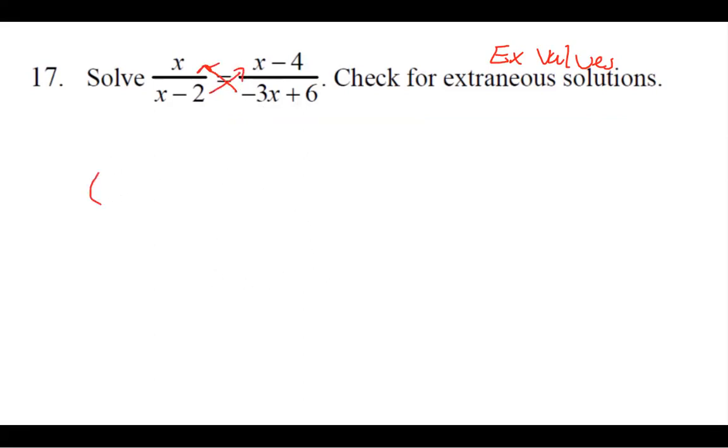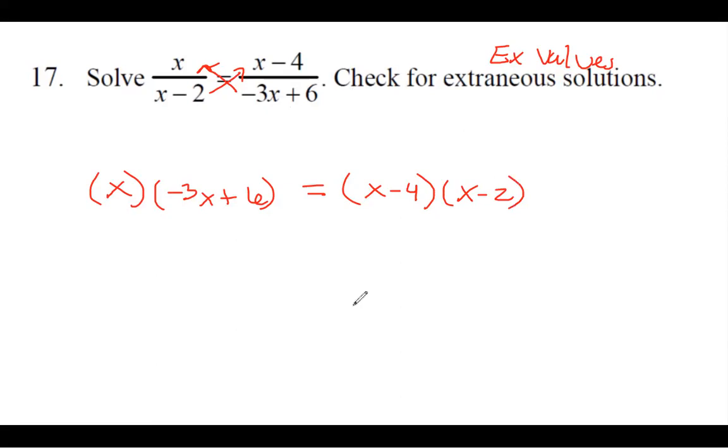So we have x times negative 3x plus 6 equals to what? X minus 4 times x minus 2. Ahora sí. Let's distribute everything nice and carefully. So we have x times negative 3, negative 3x squared, x times 6, positive 6x equals our right side.